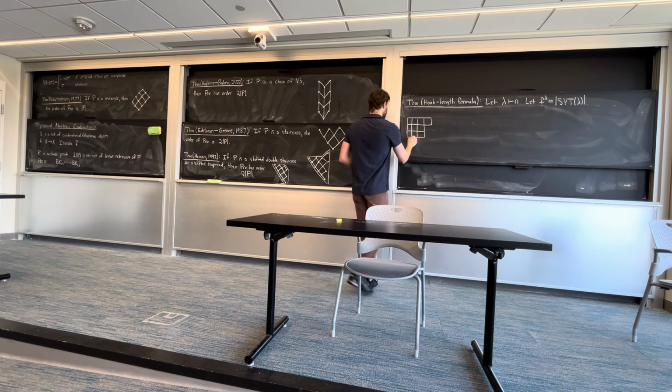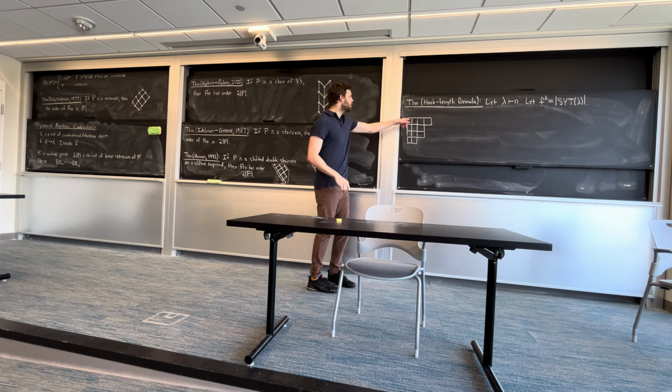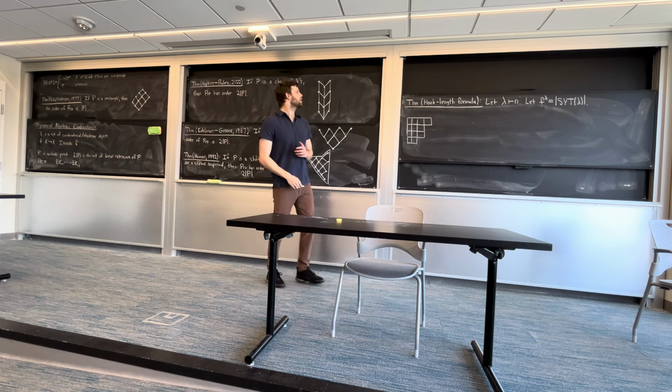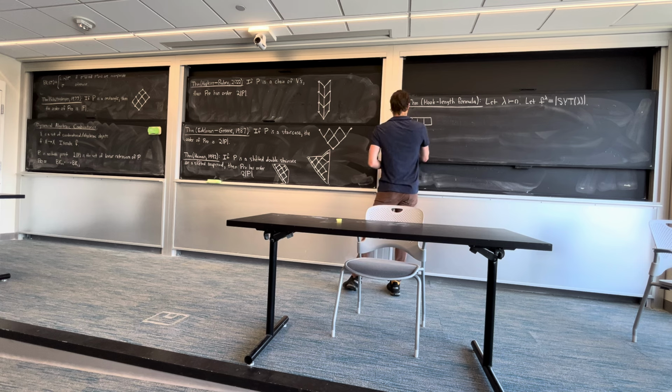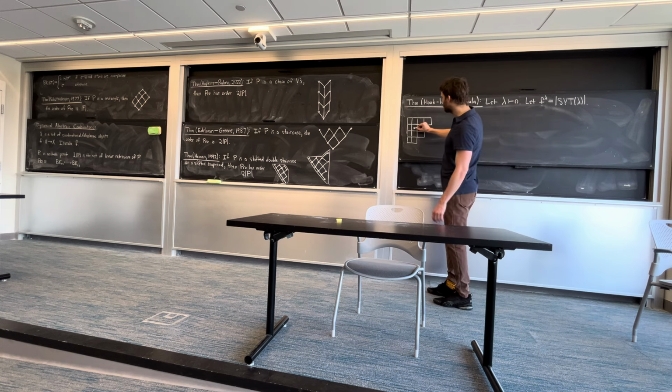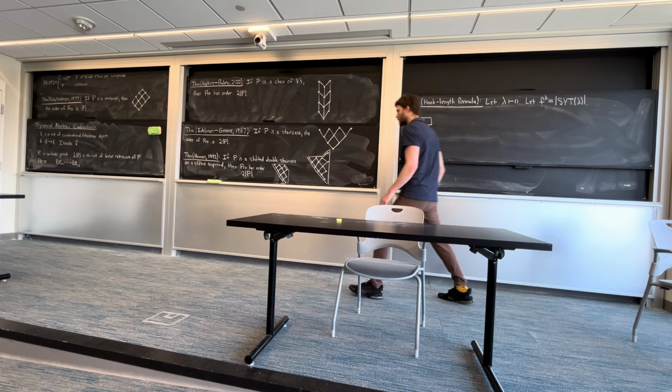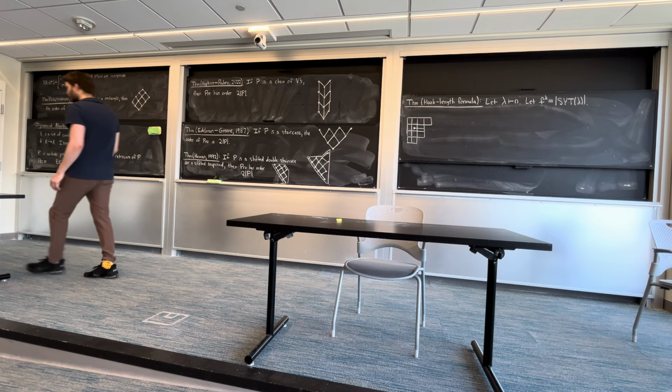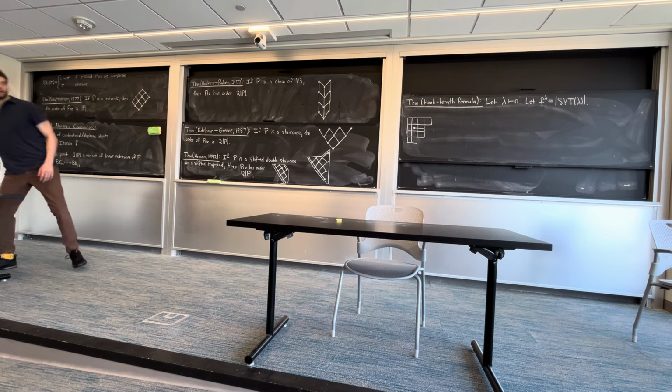Okay, maybe here. Then for each box, we can define its hook length. So we go to some box, and the hook length is just you draw a ray from that box going to the east, and you draw a ray going south.